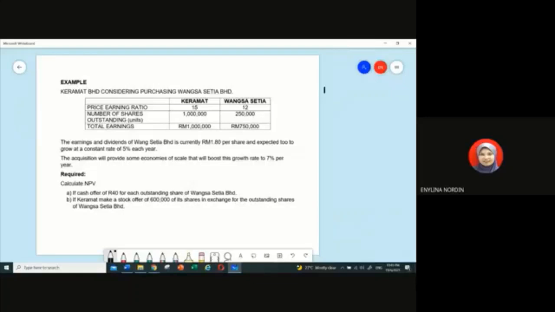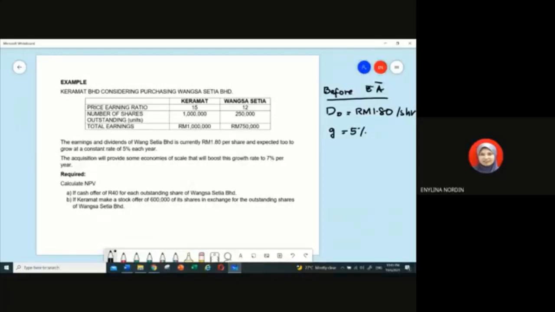So before the acquisition or merger, the current dividend paid by Wangsa Setia to its shareholders, D0, is RM 1.80 per share, and it will grow constantly at 5% every year.